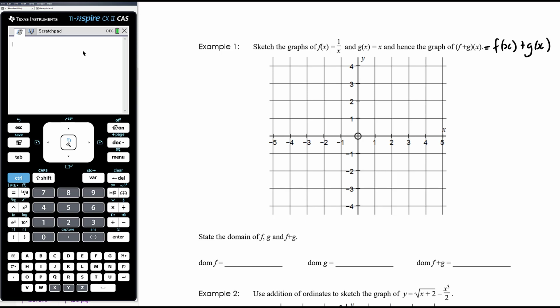Okay, so let's draw f of x, and we want to draw it quite precisely so that we can use the same scale for both graphs, and we can add the ordinates a bit more precisely. So I've given you a grid here, so let's plot it precisely. So 1 on x goes through (1, 1), goes through (2, 1/2), (4, 1/4), (1/2, 2), (1/4, 4), okay.